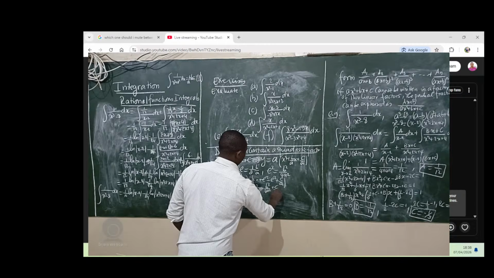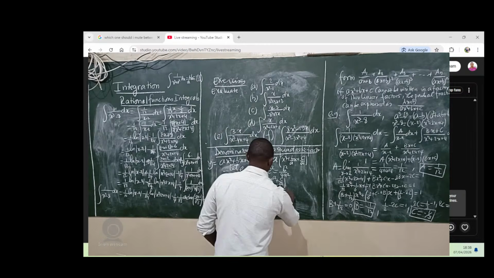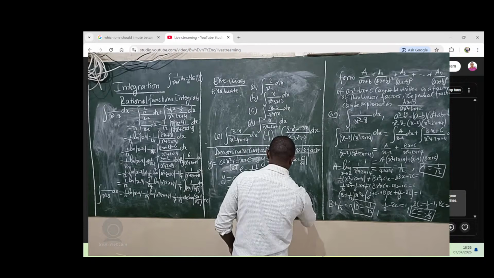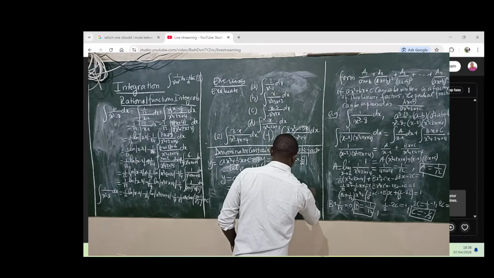This is a into x plus b over 2a to the power 2 minus b squared minus 4ac by 4a squared.